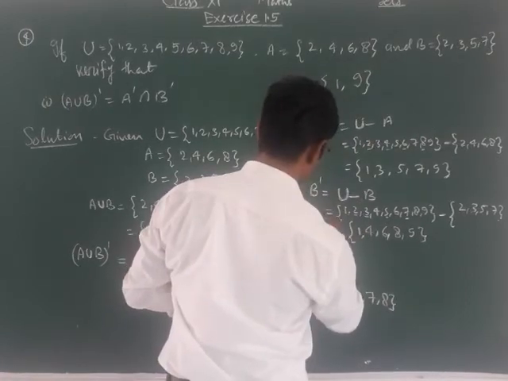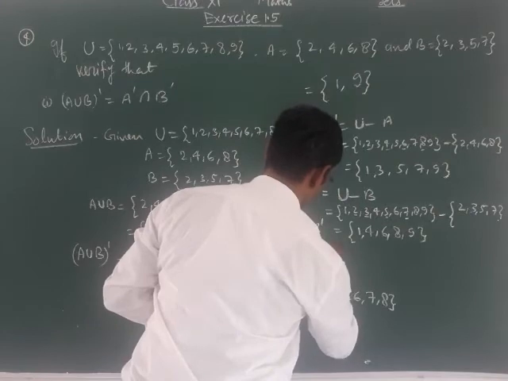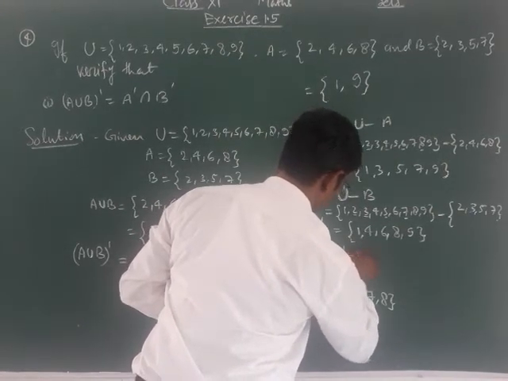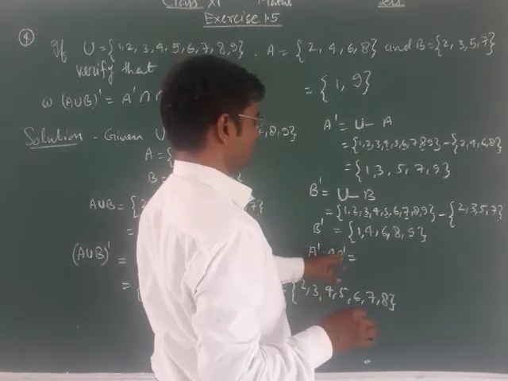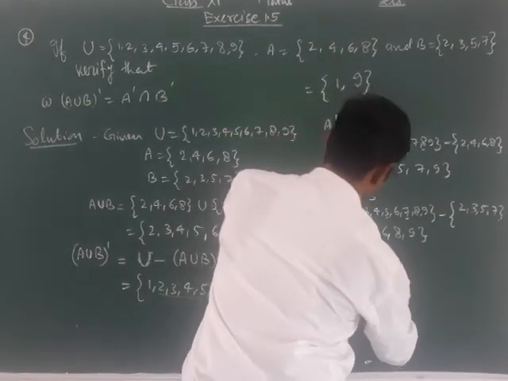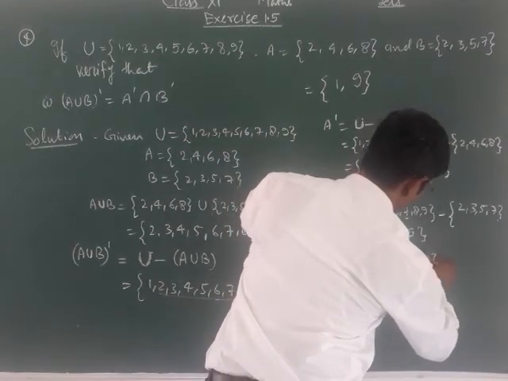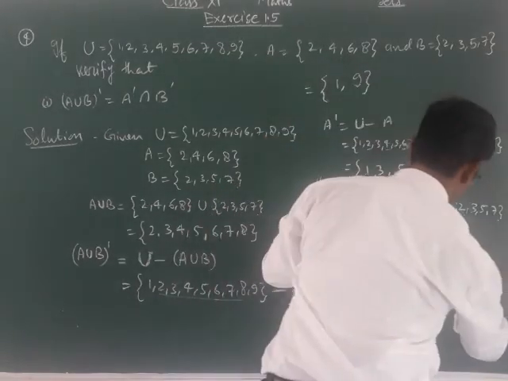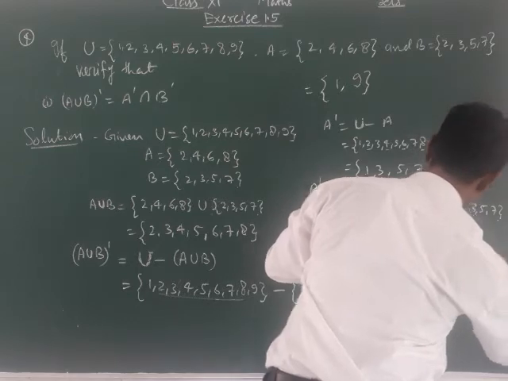So now A dash intersection B dash. A dash means 1, 3, 5, 7, 9, and B dash is 1, 4, 6, 8, 9.